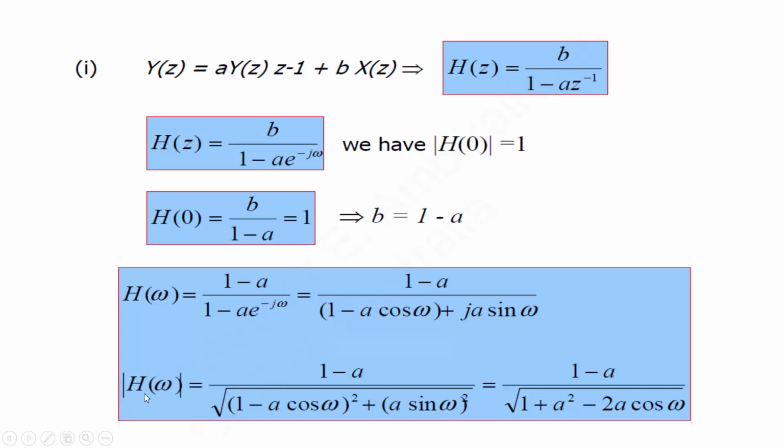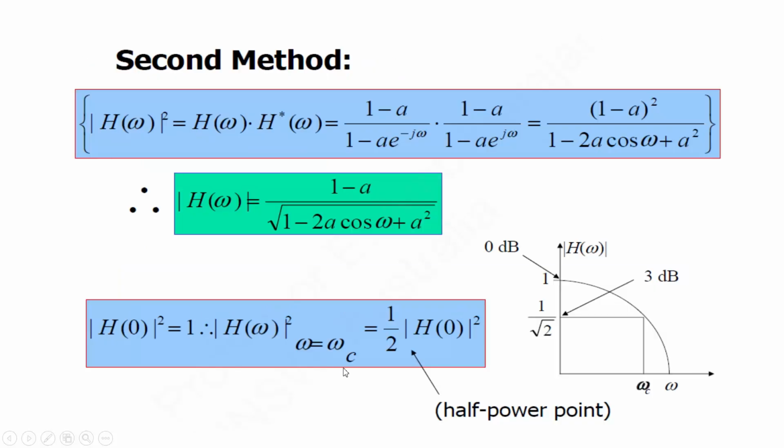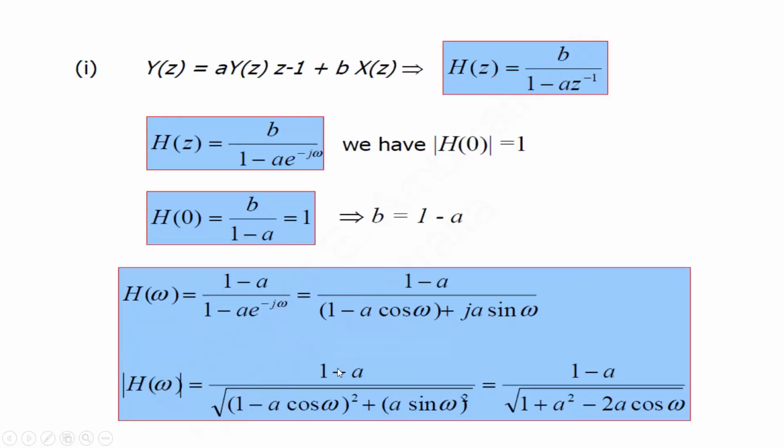And how do we calculate the magnitude response? Just take the square of the real and the imaginary terms and take the square root. This is our real term, 1 minus a cos omega, and this is our imaginary term, a sine omega. The 1 minus a remains, because taking the square and square root gives 1 minus a only.